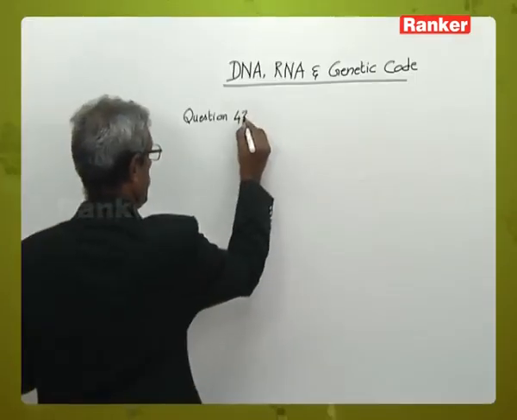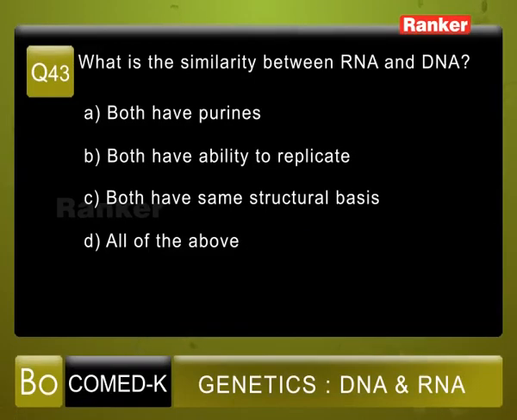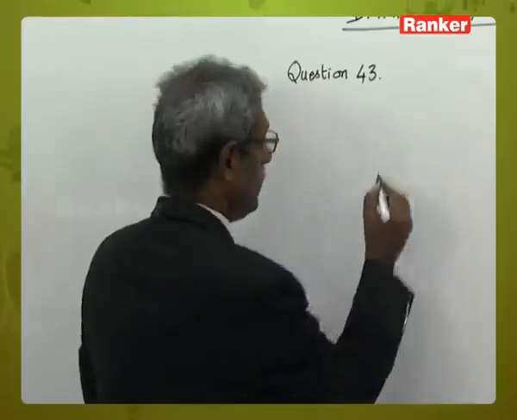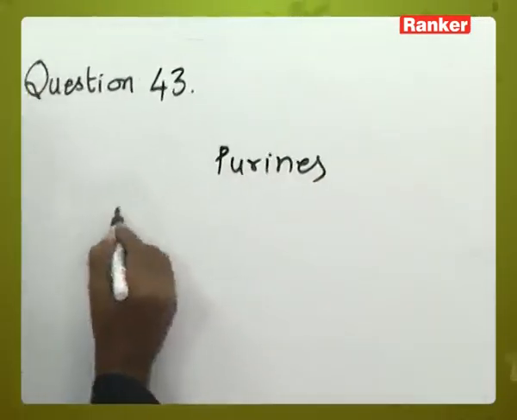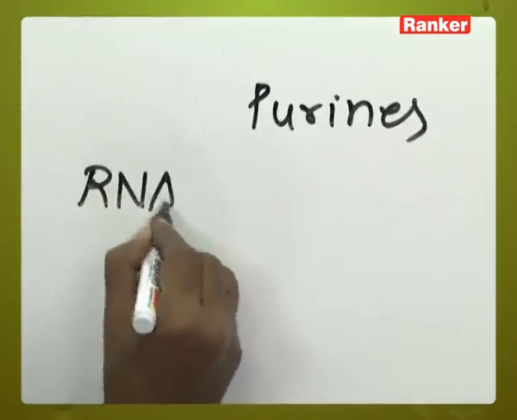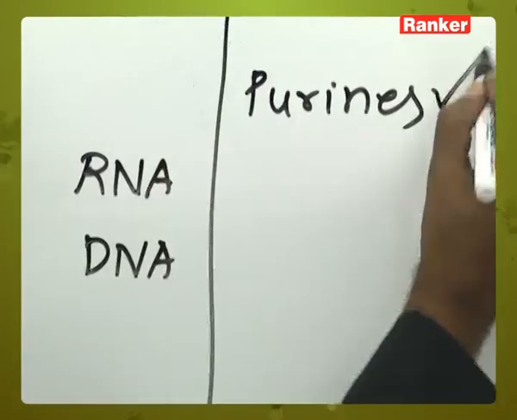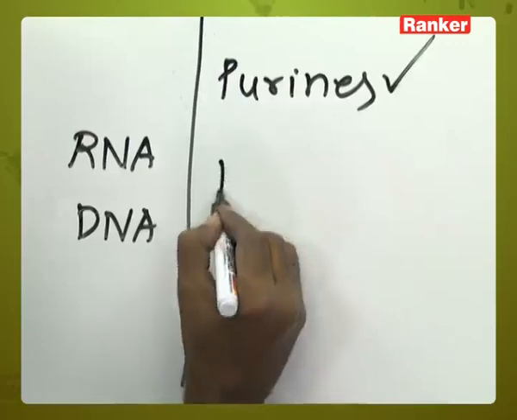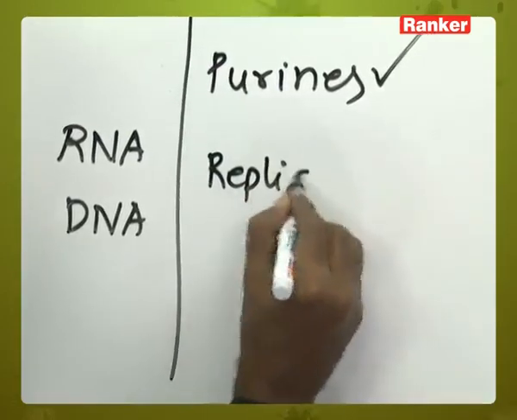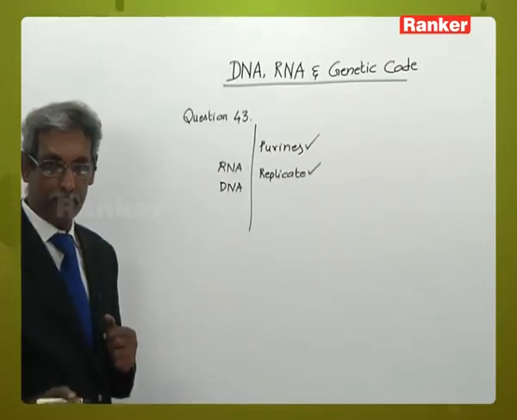Next is question number 43. What is the similarity between RNA and DNA? Both of them have got purines. Both have the ability to replicate.